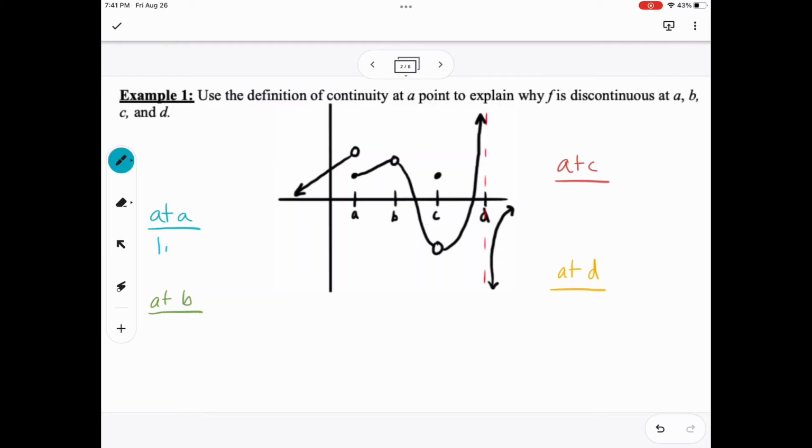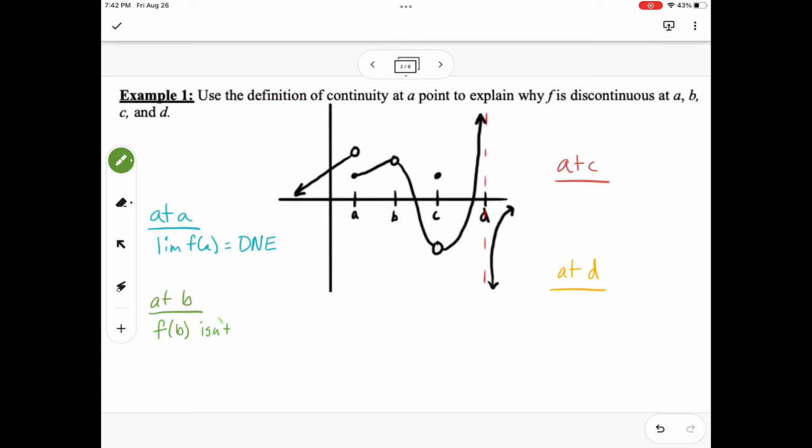So example 1 here, we're going to look at the definition at each point and talk about what makes it discontinuous using the continuity definition that we just described. At A, the limit is not the same from the left and from the right, so it doesn't exist.